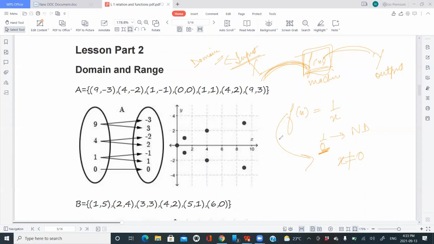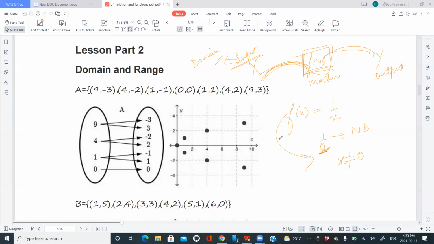Got it? So don't get confused between input and domain. Domain is a kind of input, but not the same thing. Input, we can plug in everything, but for domain, we have to take those values from the input where our function is always defined. We cannot take those values where our function is not defined. So what is the range?